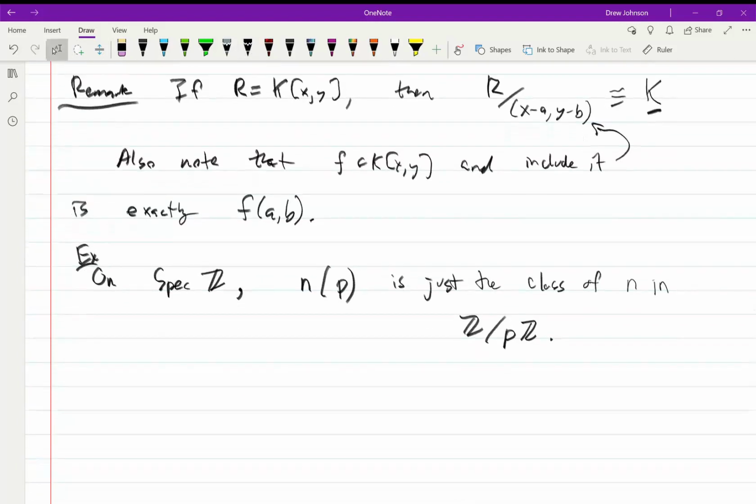But this is enough to define zero loci, which is what we really want to do now.